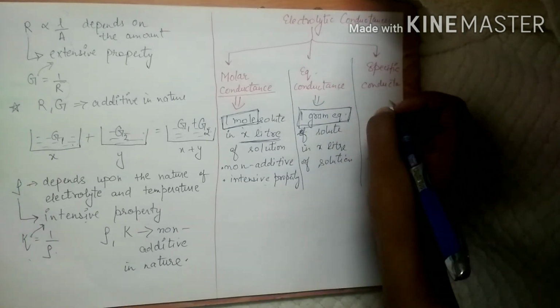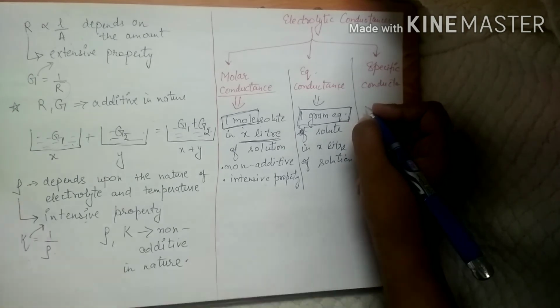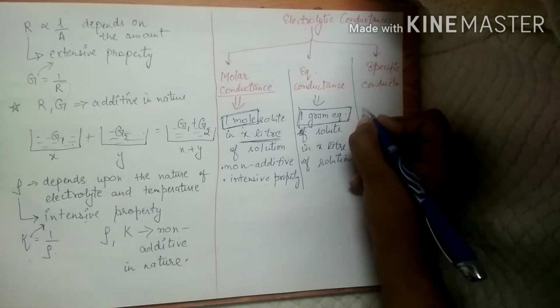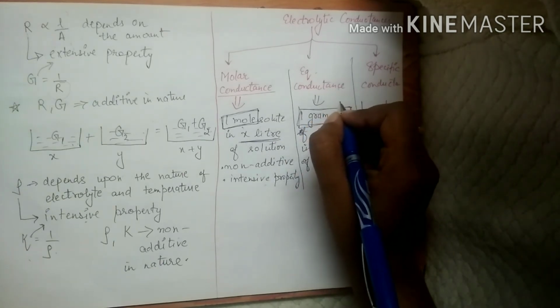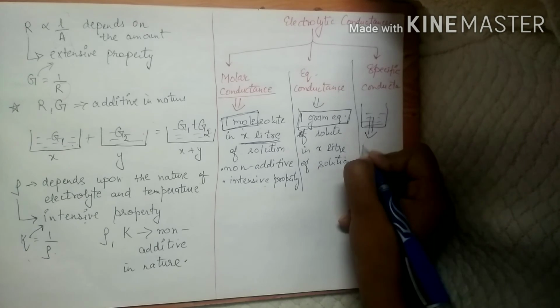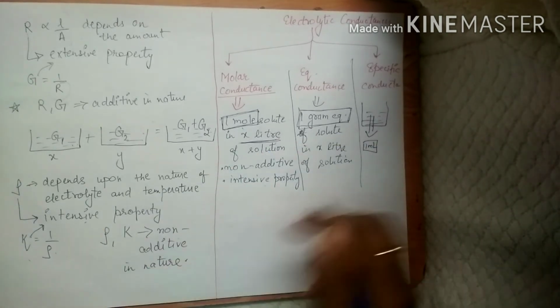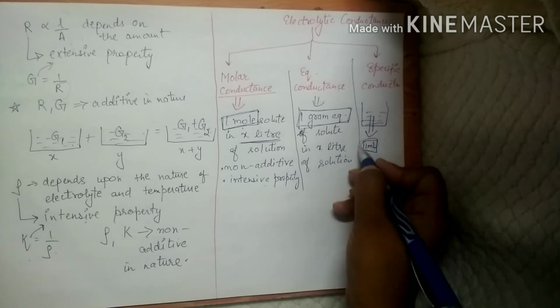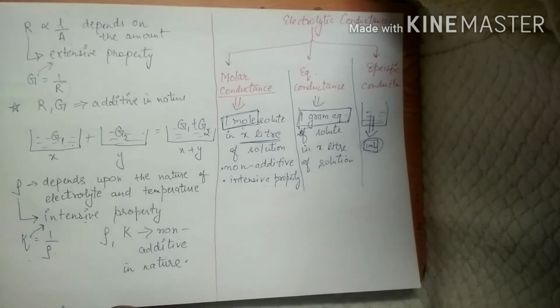If I talk about your specific conductance, so specific conductance is basically, suppose you have a solution in which some amount of solute is present. Take 1 ml of this sample. So the conductance of 1 ml of any sample, that is known as your specific conductance, right?